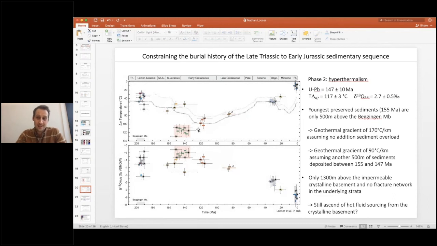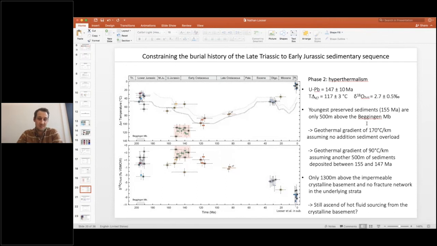And these sediments are only 500 meters above the Opalinus member. So that means that these saddle dolomites formed approximately under 500 to maybe 1,000 meters of sediments, and still got these very high temperatures.